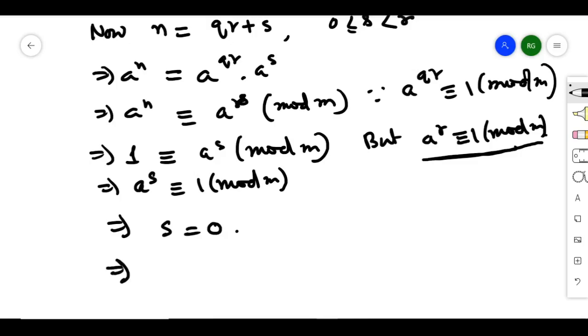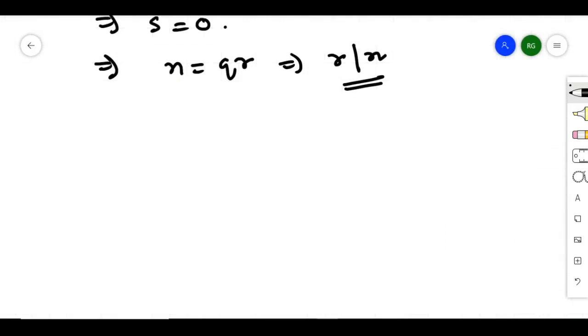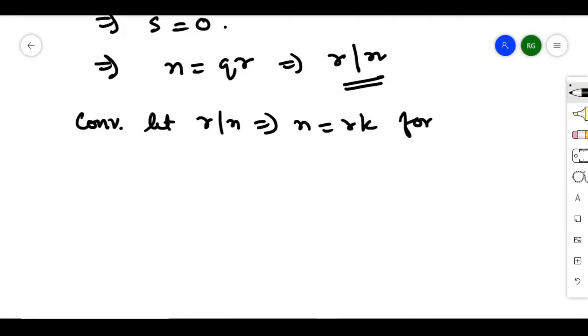This gives that n equal to qr. This gives that r divides n. So if I assume that a to the power n is congruent to 1 mod m, that implies that r divides n. Conversely, suppose r divides n. This will mean that for some integer k, we have n equal to rk.